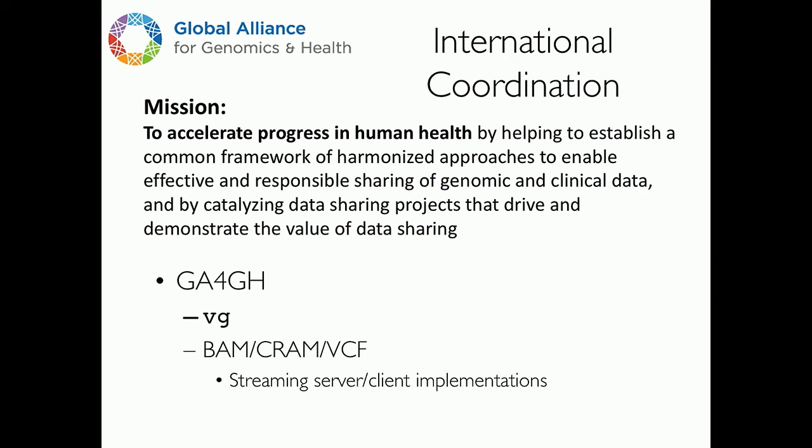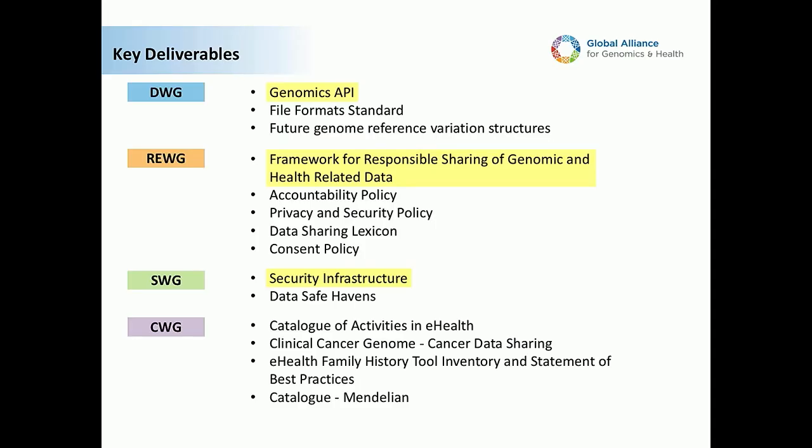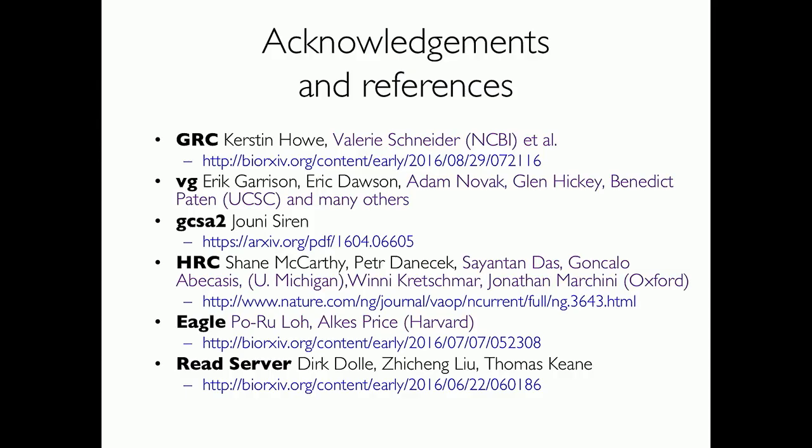This is trying to coordinate the use of genomic data. There's lots of working groups, the API and the file formats and so on, but there's also regulatory and ethics and security and clinical working groups. And I'll finish there, and these are links to various things I've talked about. Many of them have things in the archive or publications, and thanks very much.